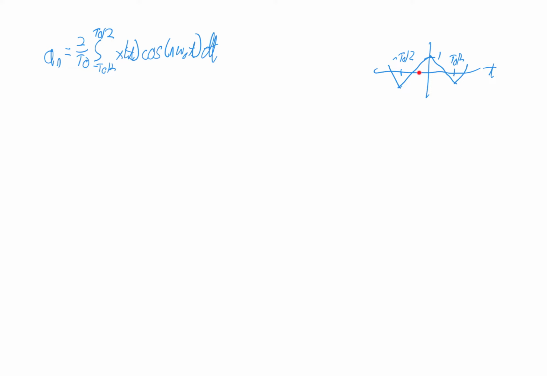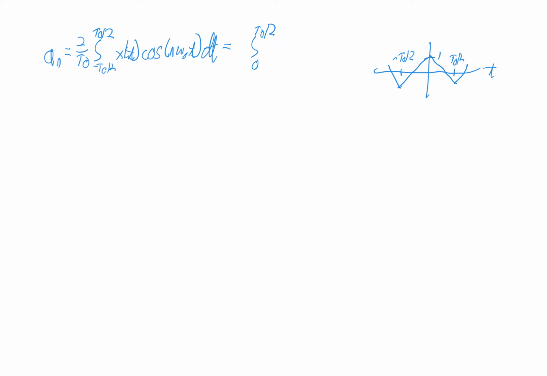We're going to get the same area contribution for negative times as we do for positive times. So we can simplify this integral a bit, and we can say that it is twice the integral from 0 to T0 over 2 of that quantity.